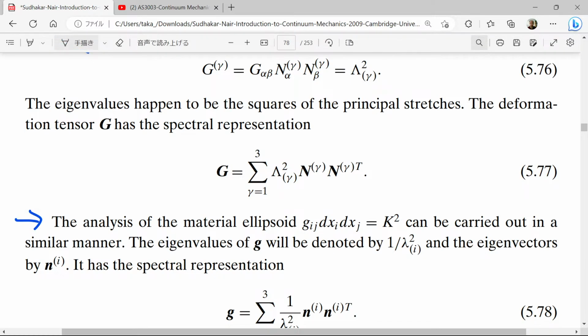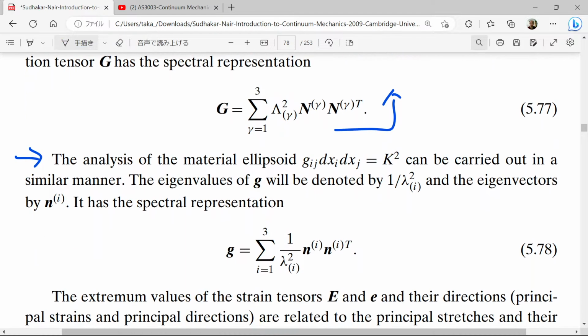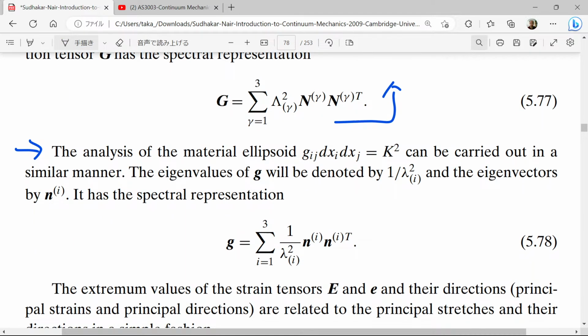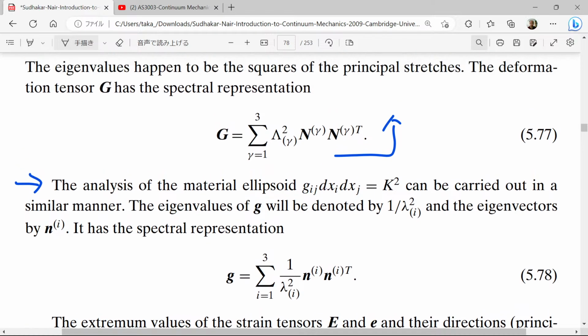Because in the last video we finished up to here, right? The analysis of the material ellipsoid. Now we talked about the spatial ellipsoid up to here. So now we are talking about the material ellipsoid.